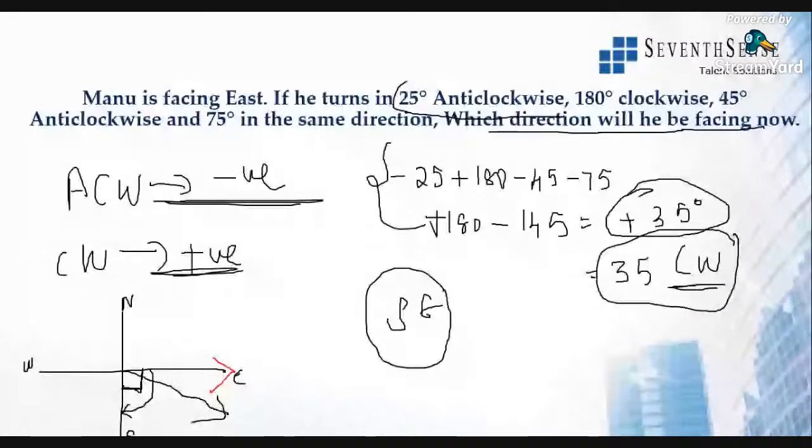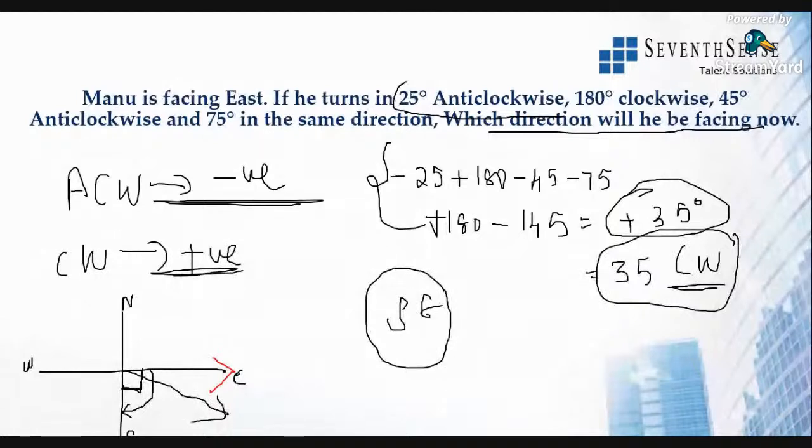All right. Try to solve one more problem. I'll just type the question on the screen. The person is facing south. Then 45-degree anti-clockwise, 60-degree clockwise, 120-degree anti-clockwise, then 90-degree anti-clockwise, 180-degree clockwise.